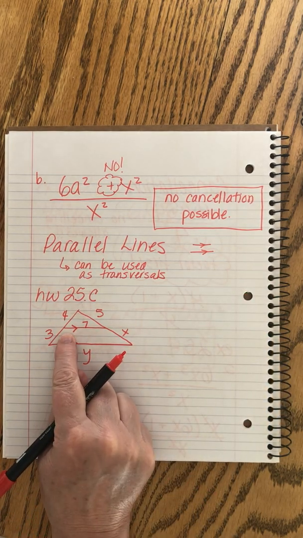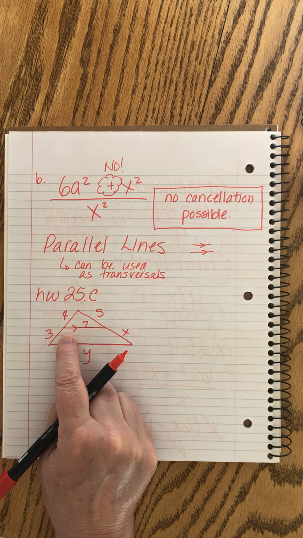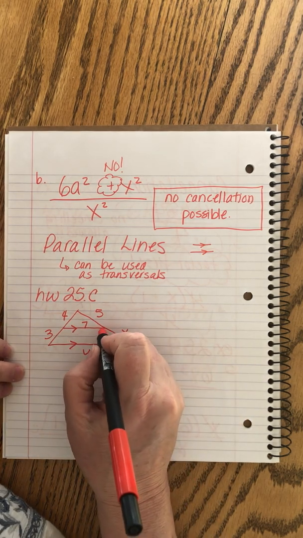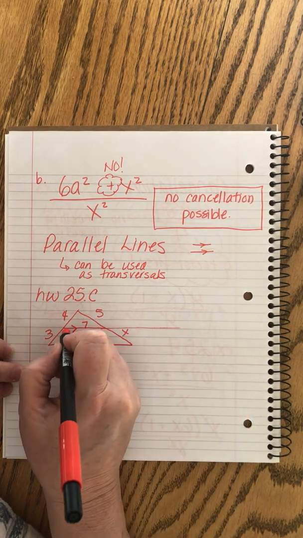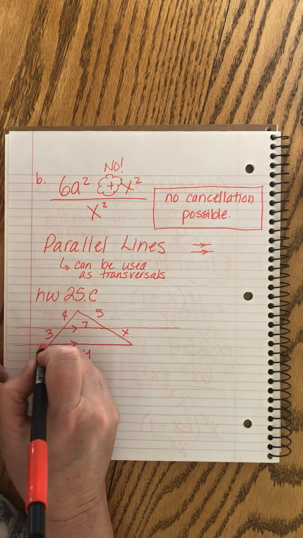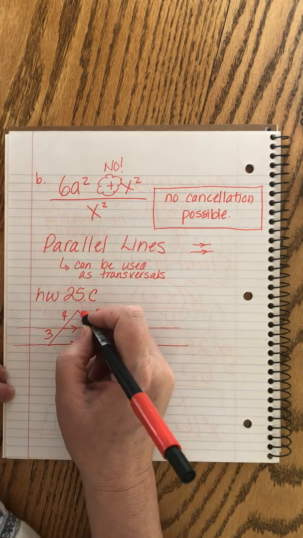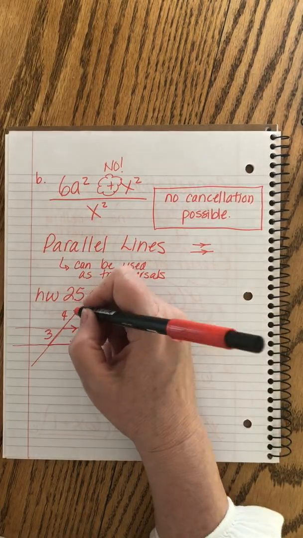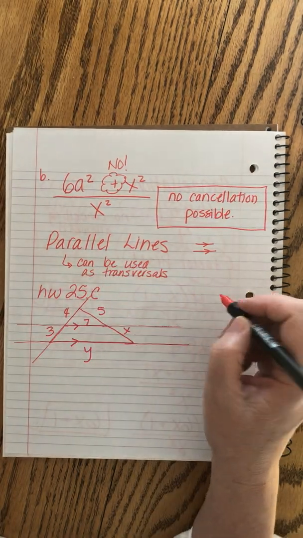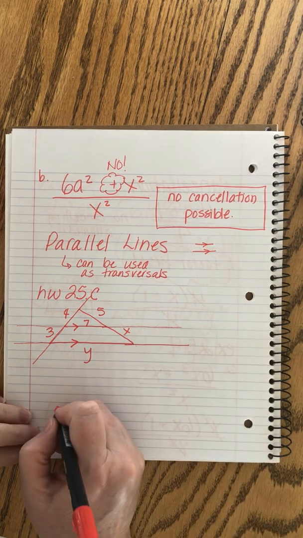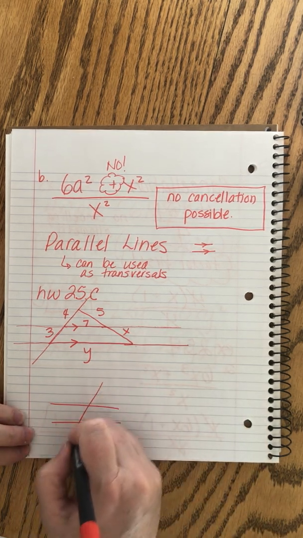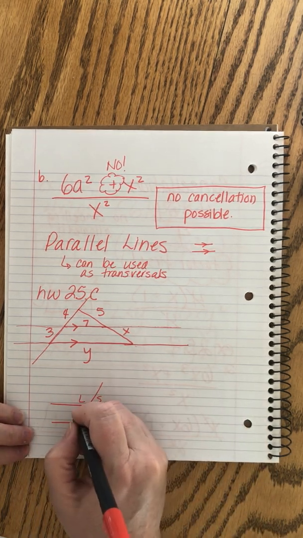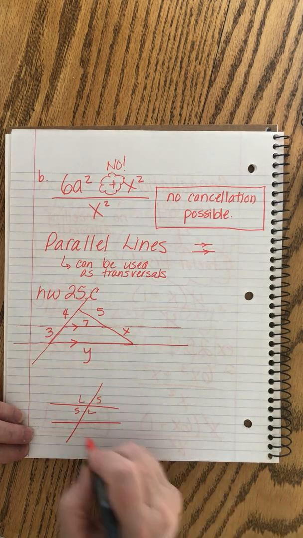If those lines are parallel, then we can kind of imagine these as transversals, right? And this is the line cutting through. And you know how we have that larger, smaller pattern that always happens in transversals? Here, I'll just draw that separately. Larger, smaller, smaller, larger, right?